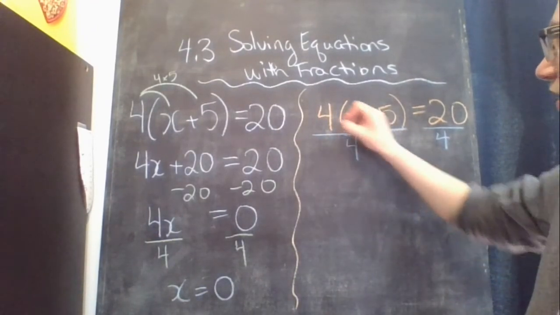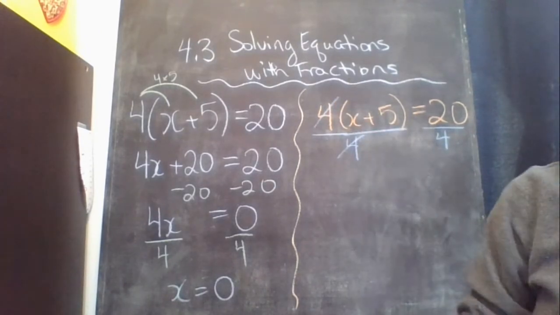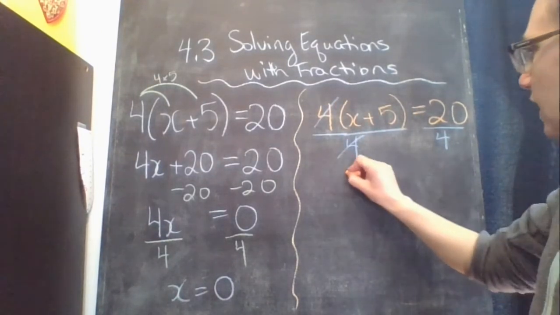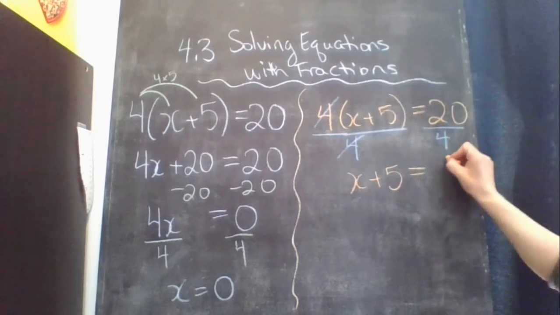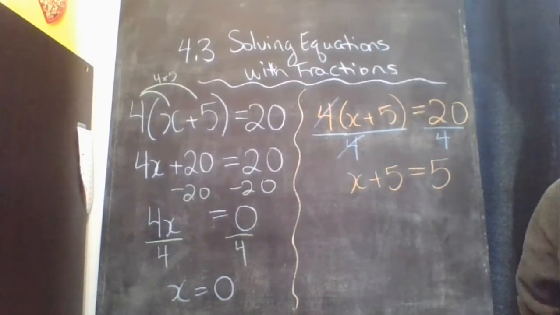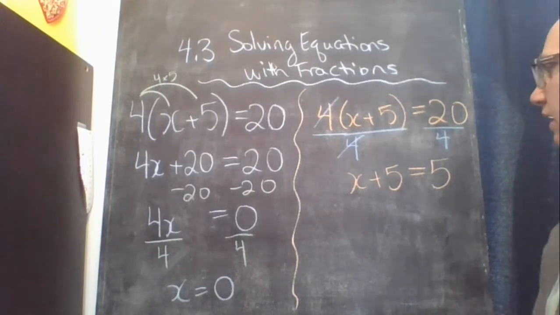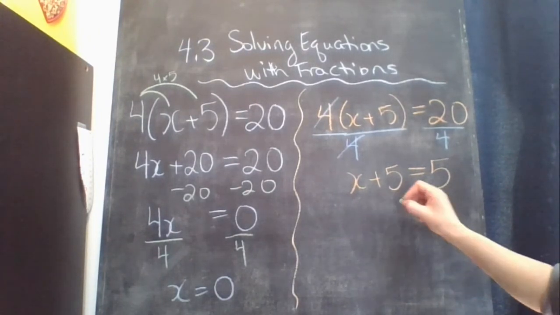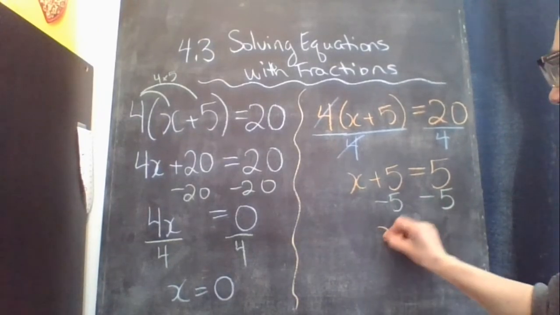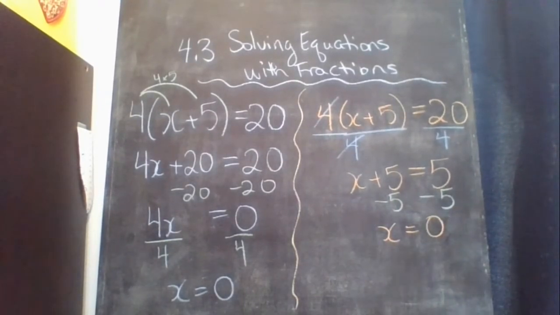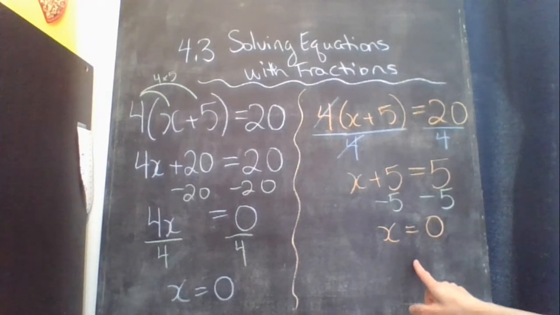So the 4 is going to go away. I've got x plus 5 equals 20 divided by 4, which is 5. That's allowed. Now I move my 5. So plus 5 becomes minus 5 on both sides. x equals 0. So I got the same answer.